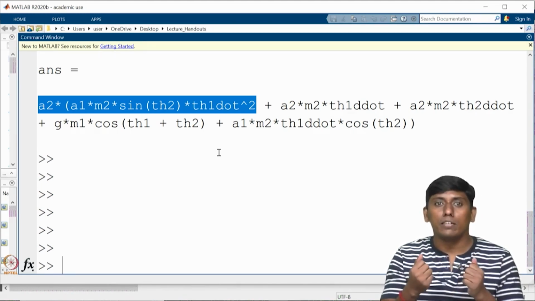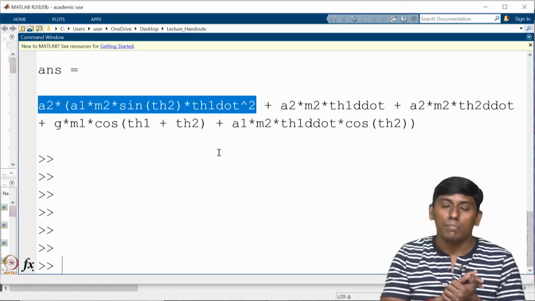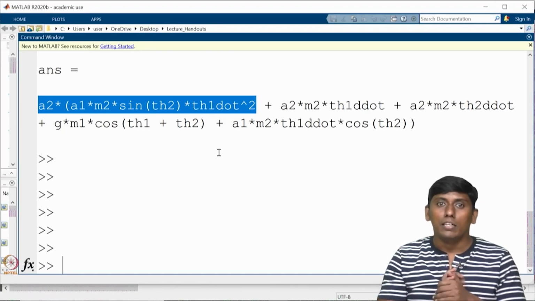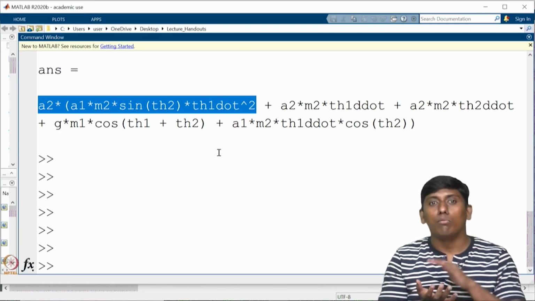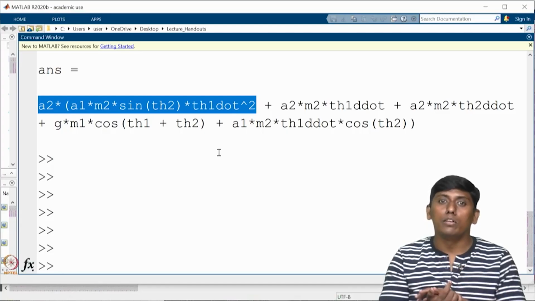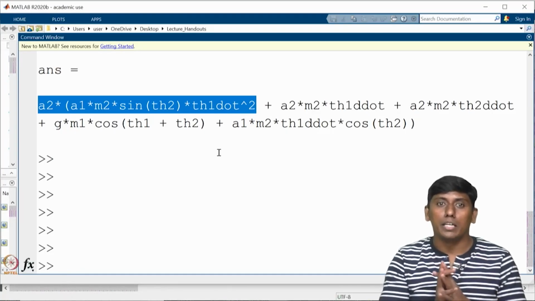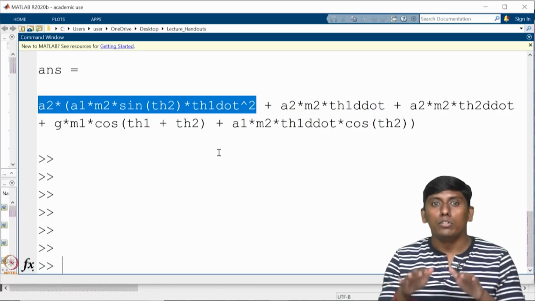If the support reaction gives a negative sign, it means your manipulator is losing contact with the ground. Similarly, if the shaking forces and moments are known, you can decide what support or foundation you should have, and whether you can mount it on the vehicle or on the table, or whether your foundation should be strong.